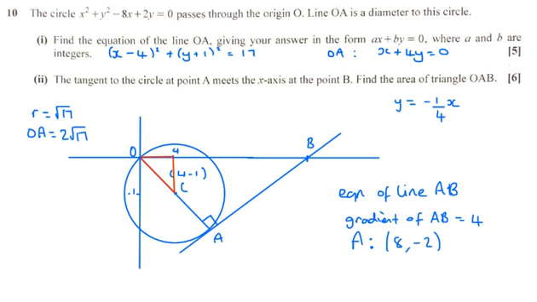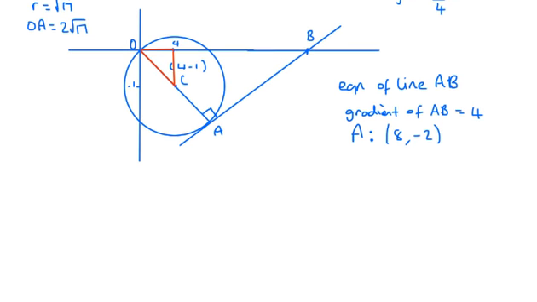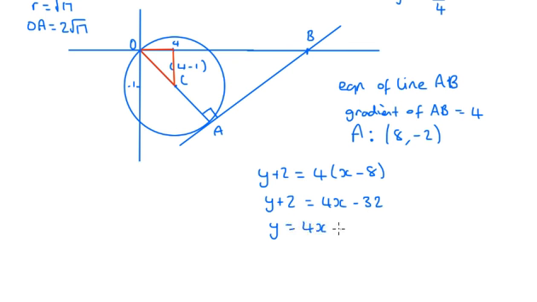So we can use this to find the equation of the line AB using your y minus y1. So that's going to be y plus 2, using the minus 2 here, is equal to 4 times x minus x1, so x minus 8. So that's y plus 2 is equal to 4x take 32. So that's y equals 4x minus 34.